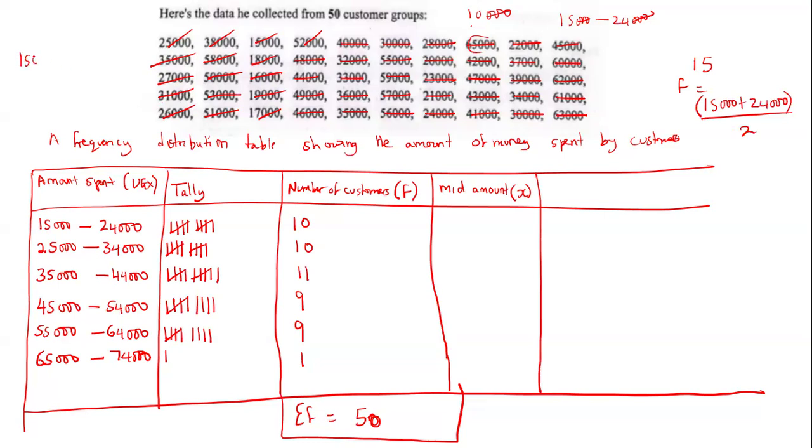You write this plus the 24,000 and then you divide by 2. Here you are going to get everything wrong. Put the brackets and then divide by 2. So kindly keep on dividing such that we get the same answer. Divide by 2. Here I'm getting 19,500.